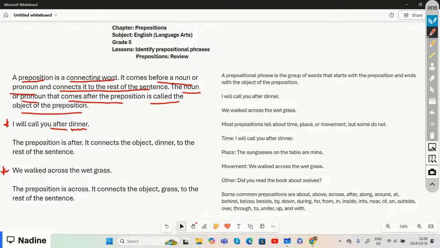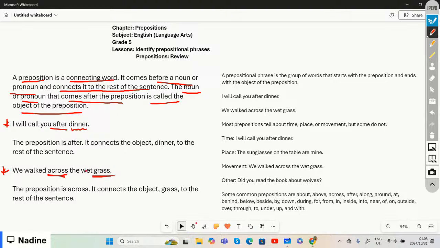Keeping in mind that a preposition is a connecting word, if we were to choose the correct option, we would say across is our preposition, and the object of our preposition is grass.